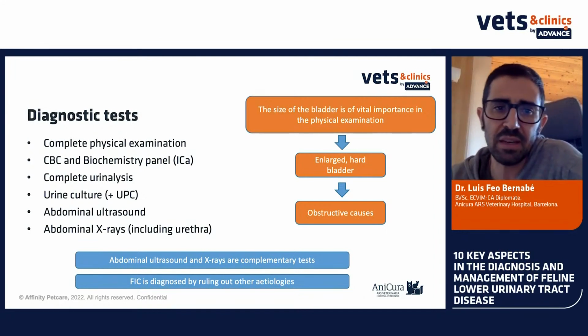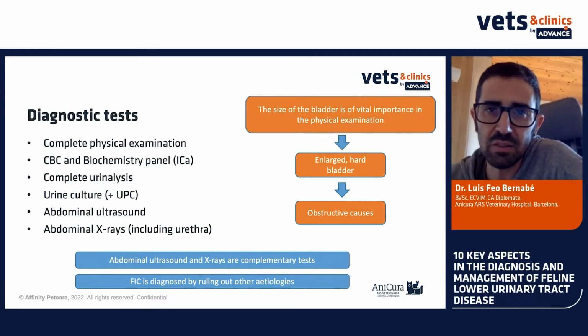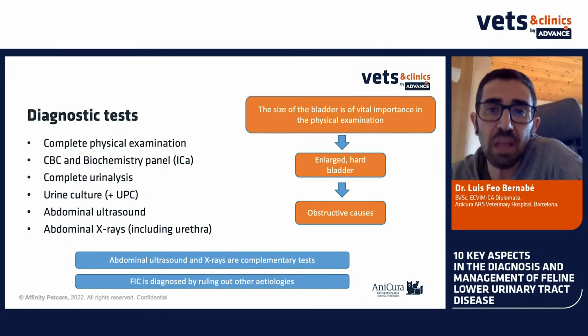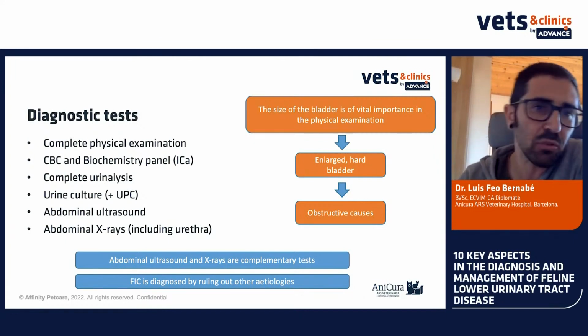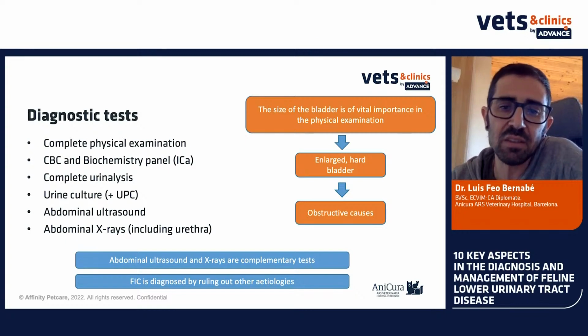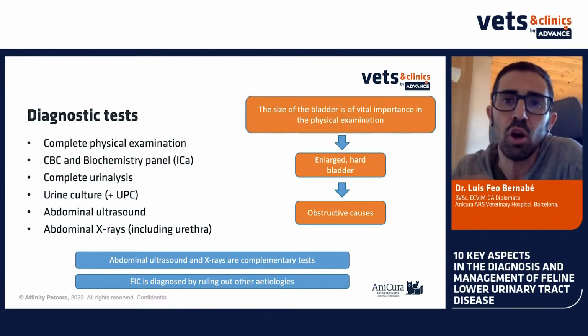Abdominal ultrasound and abdominal radiographs are complementary tests. You should not choose one over the other. Sometimes you need both, and many times you need both. And just to remember, to diagnose feline idiopathic cystitis, you need to rule out other etiologies. That's quite important.